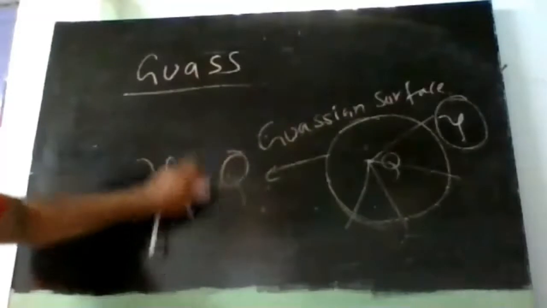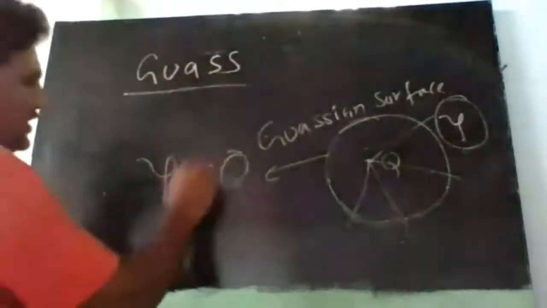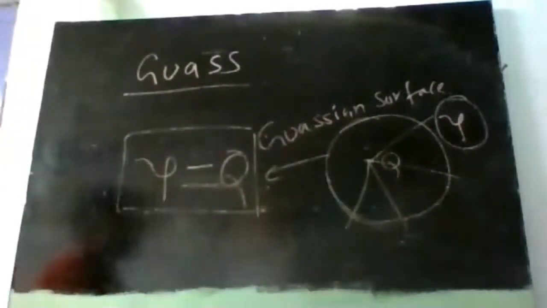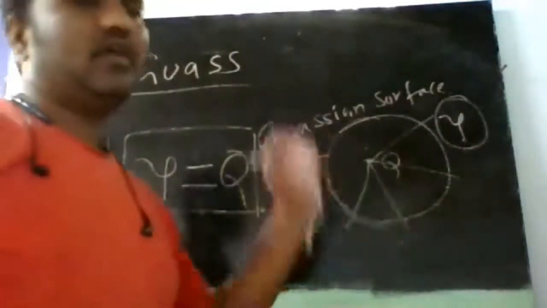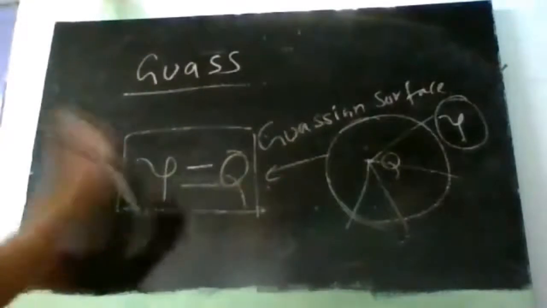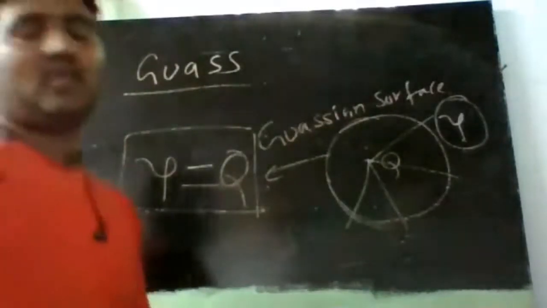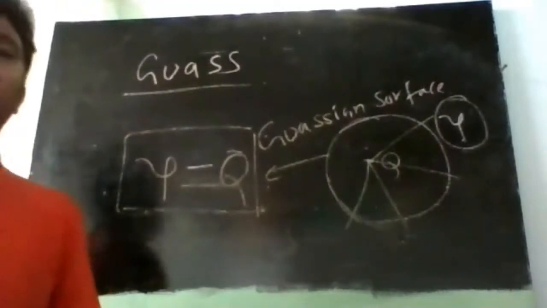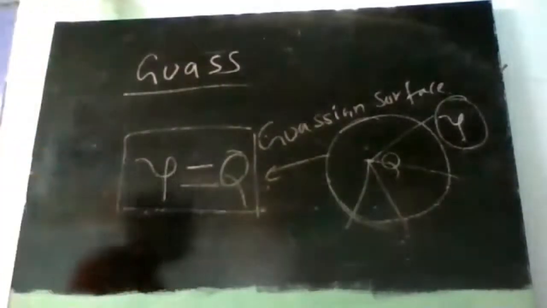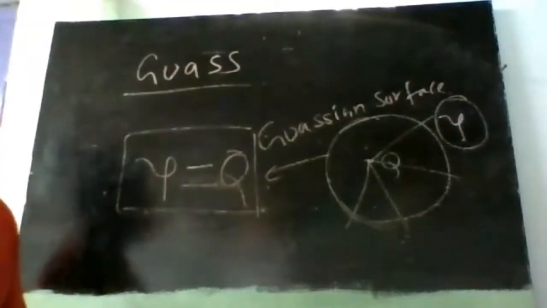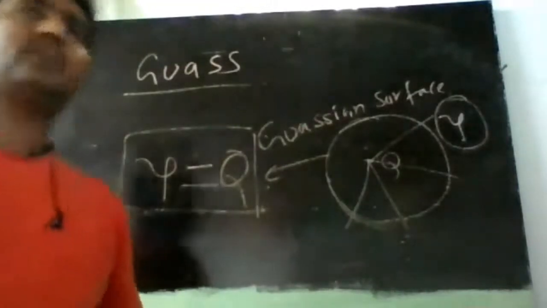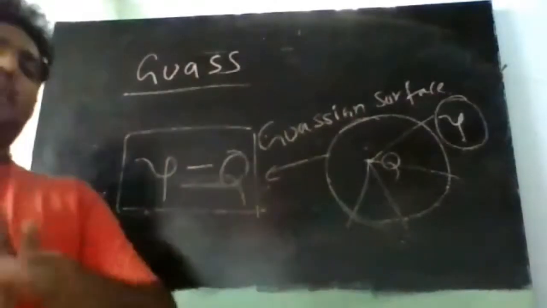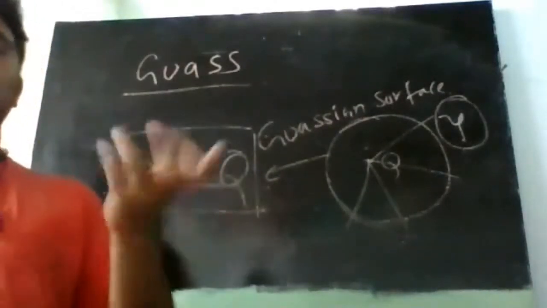So he says that you can take this proportionality and make them equal, that is, the charge present inside a particular object will be equal to the number of flux lines produced from the charge. This is the most important thing, what we call Gauss law. So Gauss law says that if you have a charged particle or any charged body, then the number of flux lines coming out will be equal to the charge.